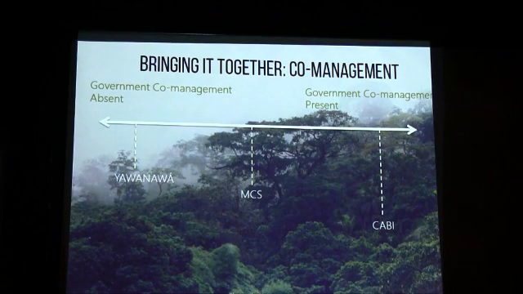Okay, so to look at all of these in a single picture, really quickly in the minute that I have left, we can see in terms of co-management that these groups exist across a spectrum, where the Yawanao people really don't display any co-management with the government, to the Bolivian case where there is a very typical government community co-management case.